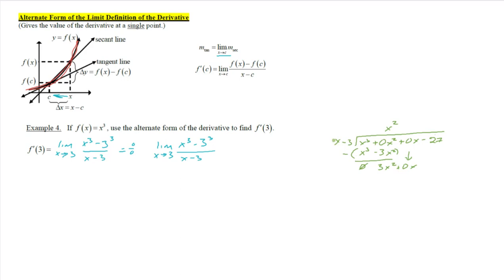So 3x squared divided by x is going to give us a plus 3x when we divide it out. So our first one is x cubed divided by x, which gives us x squared. The second one is 3x squared divided by x, which gives us 3x. So we put our 3x up here.